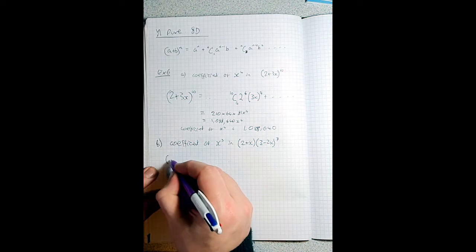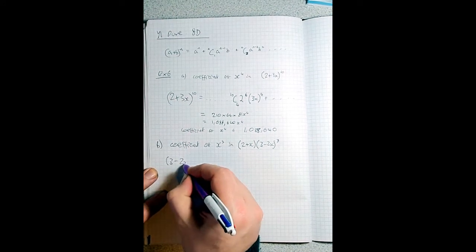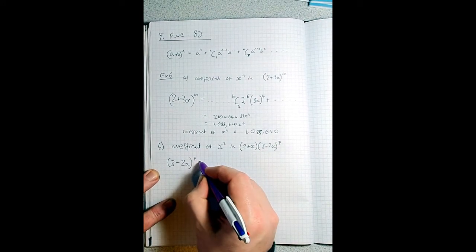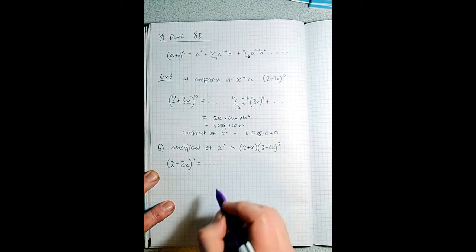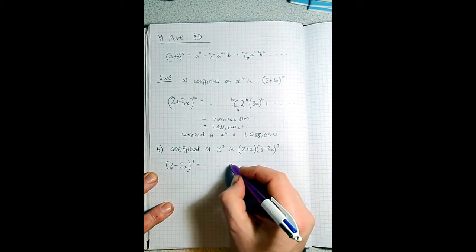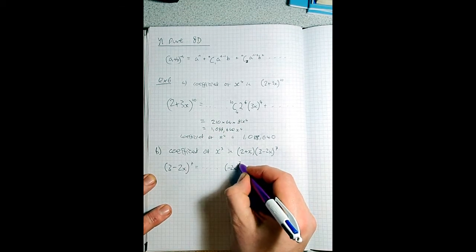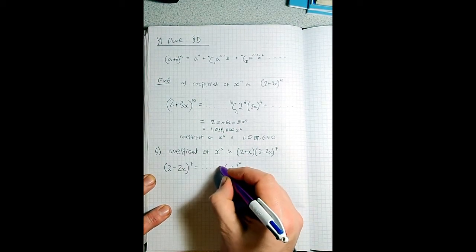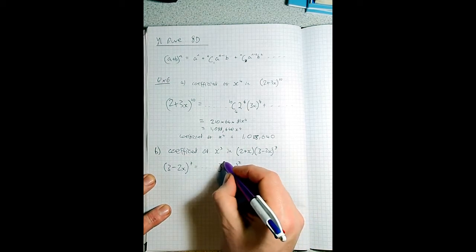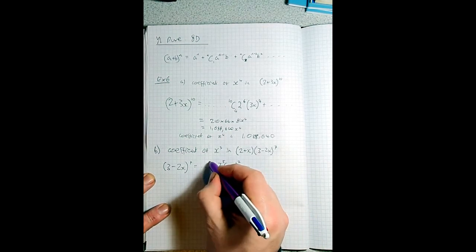So let's expand this out first. Remember, I only need the squared term and the cubic term, so it's going to be (-2x)^2, which means it will be 3^5, and it'll be 7C2.